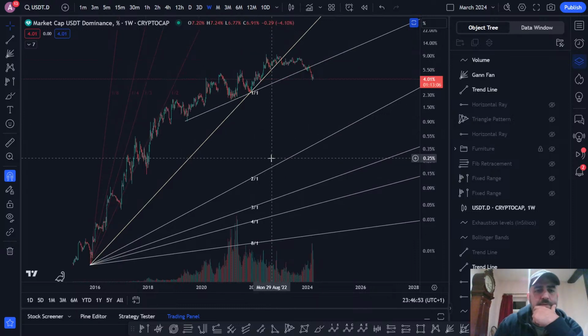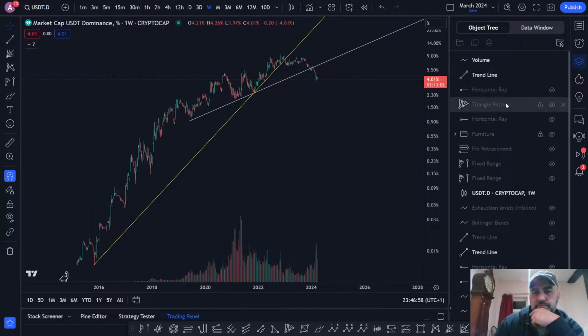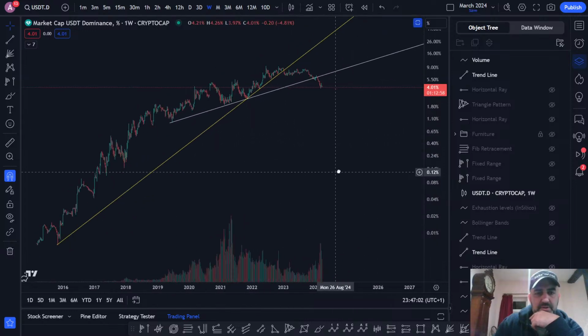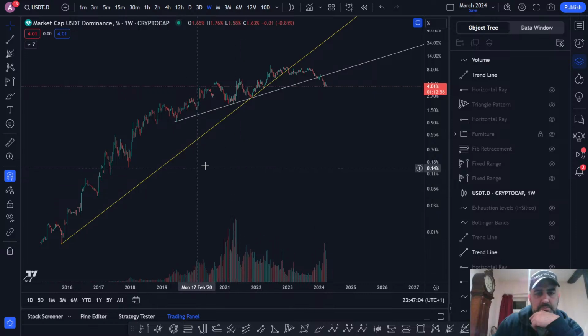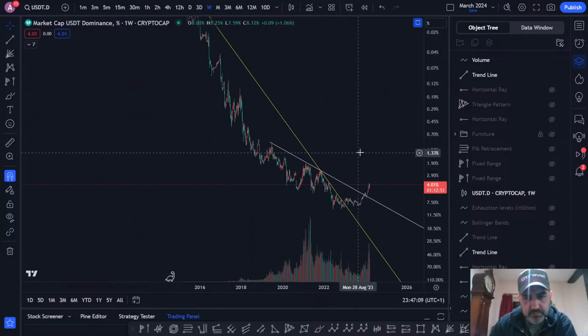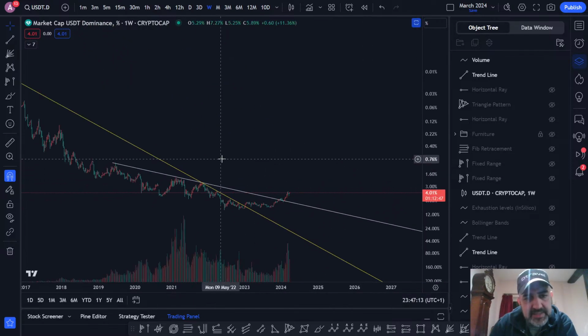Yeah, I don't know, but I think it's looking very bearish. This whole thing's looking very bearish. This is the inverse.